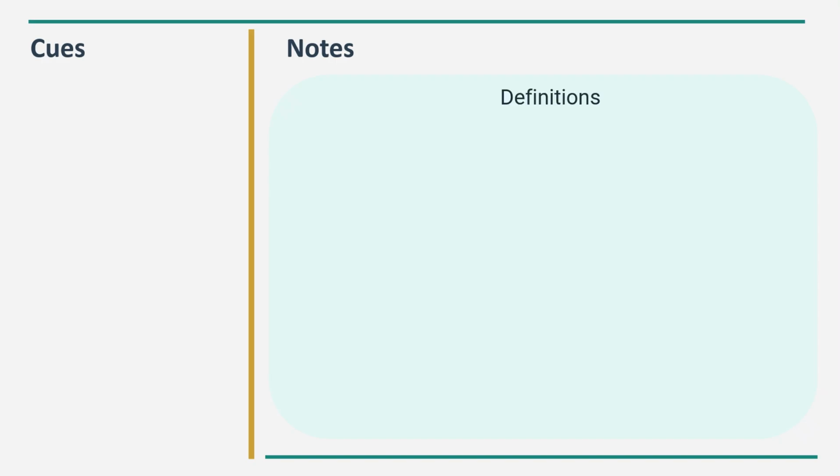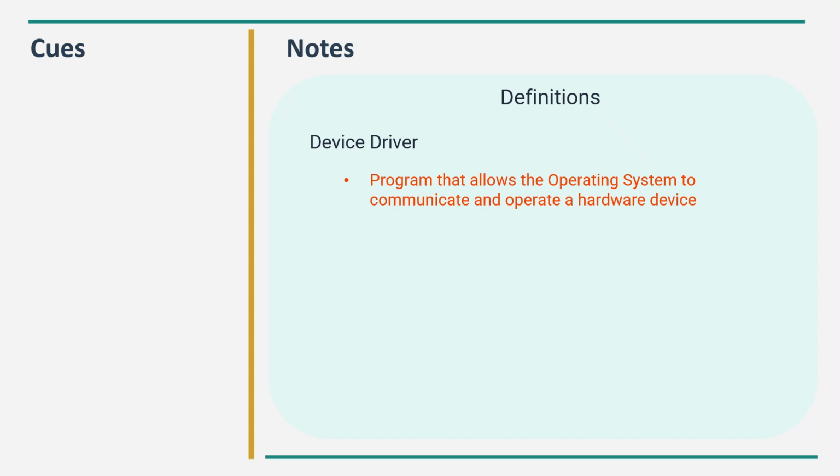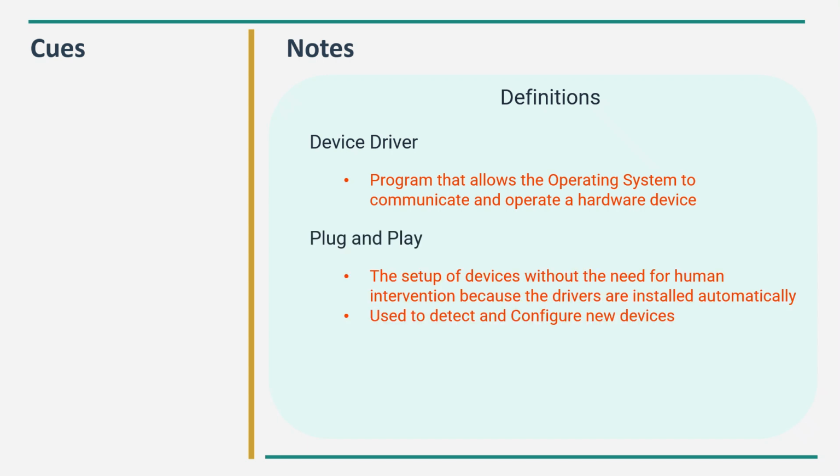Since these are popular definitions that are asked and also popular short question answers, it's important to know the definitions. A device driver is a program that allows the operating system to communicate and operate a hardware device. Plug and play can be the setup of devices without the need for human intervention because the drivers are installed automatically.